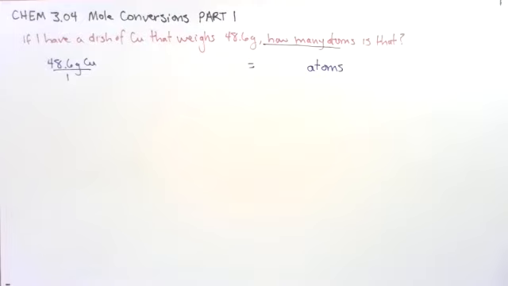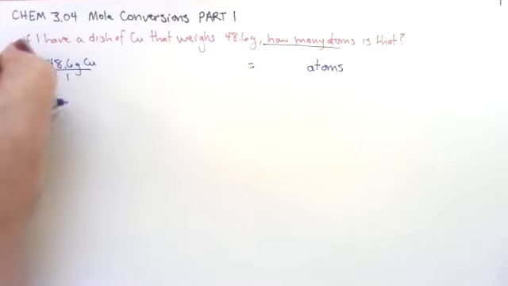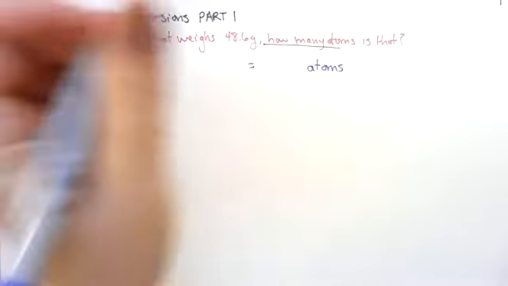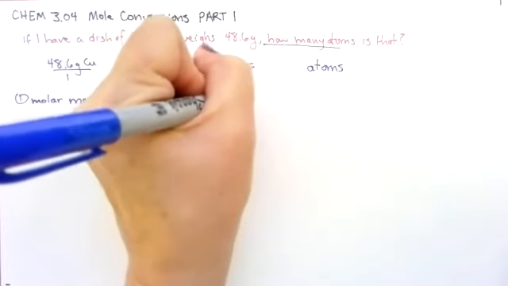Step 2 is to assemble your conversion factors. For these problems, you'll always have 2 conversion factors. One conversion factor will be molar mass, and the other will be Avogadro's number.